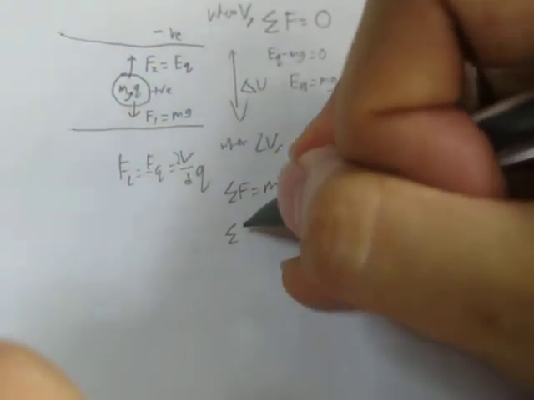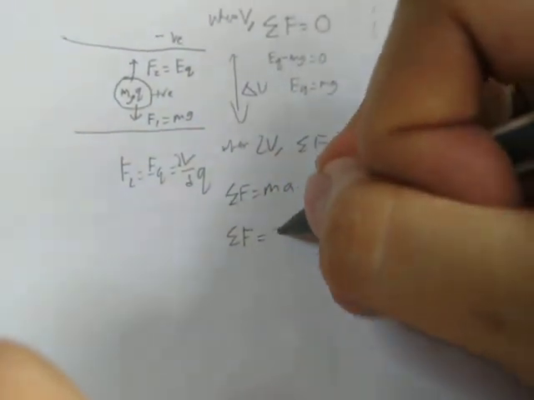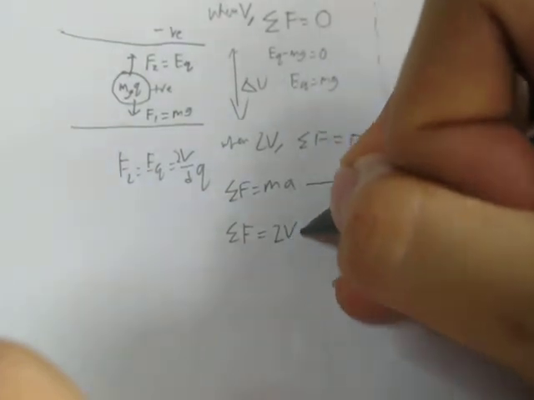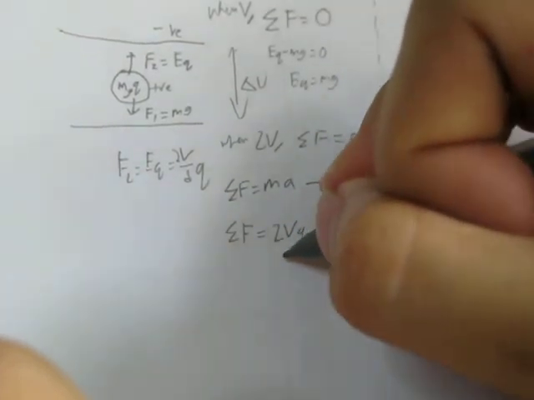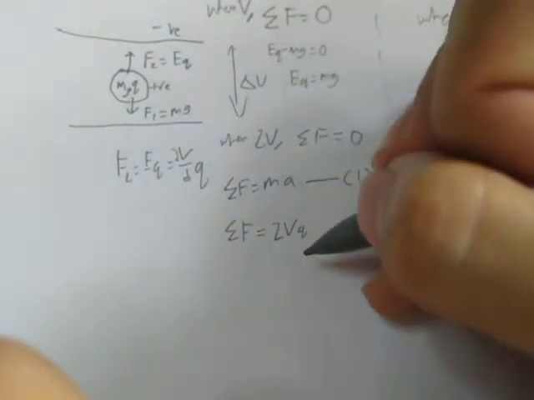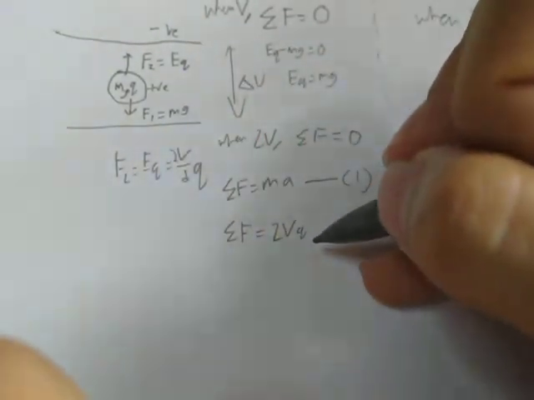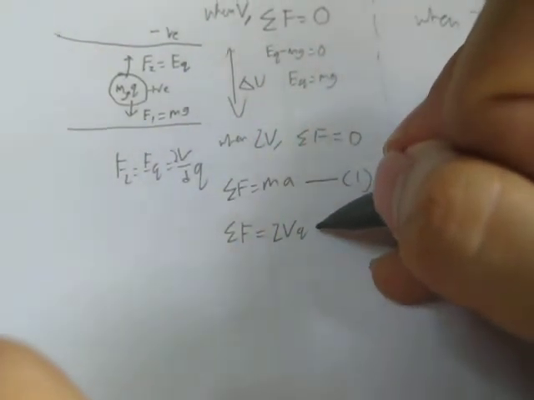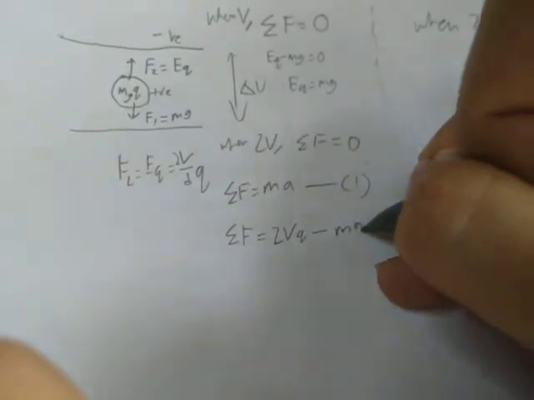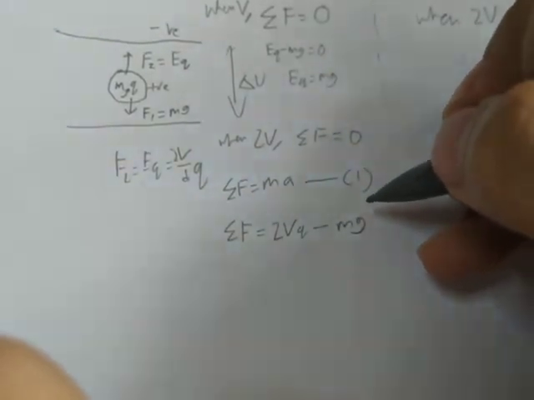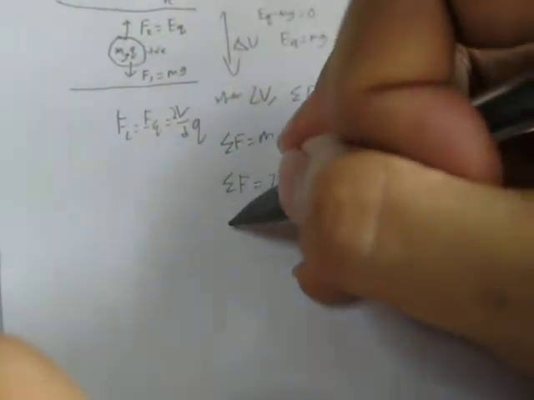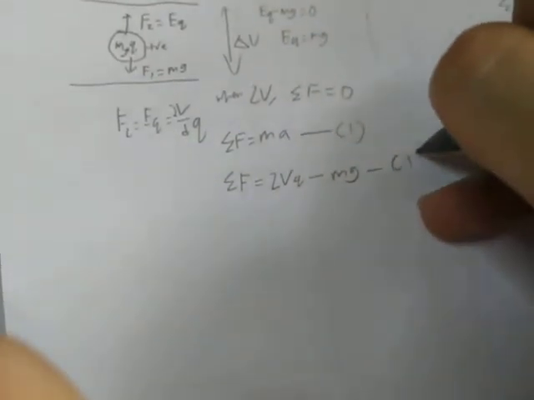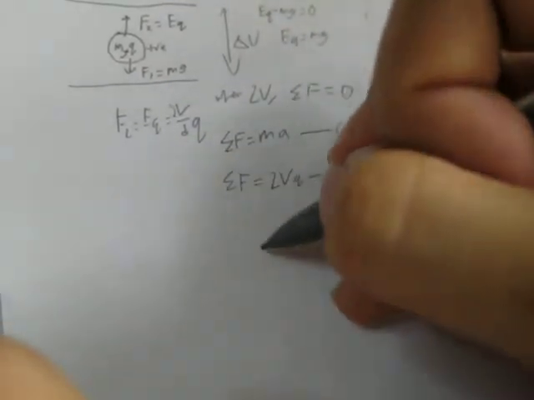My second equation will be 2Vq over d, minus mg. Then let me combine the two equations.